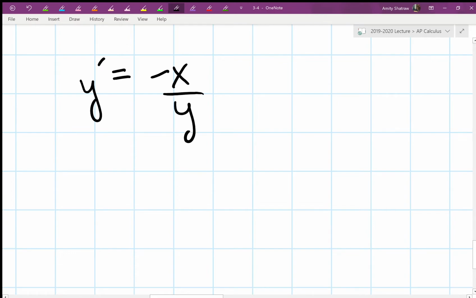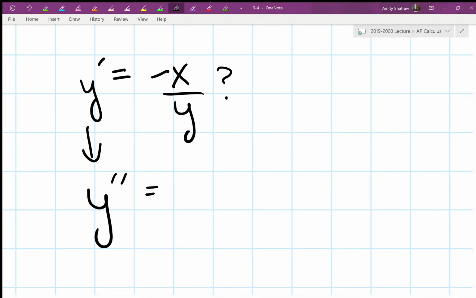And this is very clear why we're being asked to find the second derivative. Because if I want to find the second derivative, I can just write double prime. Boom, I found the second derivative. It's the part over here that's the problem: how do you find the derivative of negative x over y?